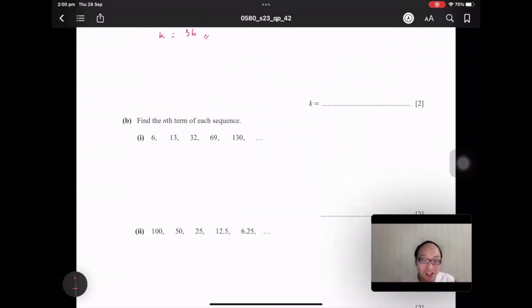Find the n-th term of this sequence. So the first one, 6, 13, 32, 69, 130. So what's the pattern of this? Is it arithmetic?